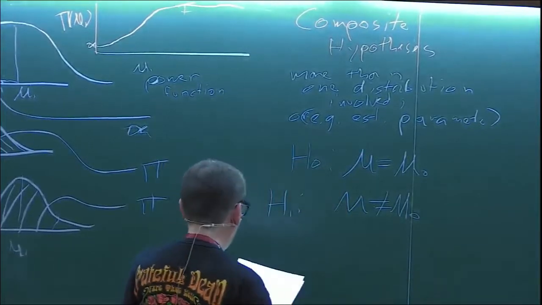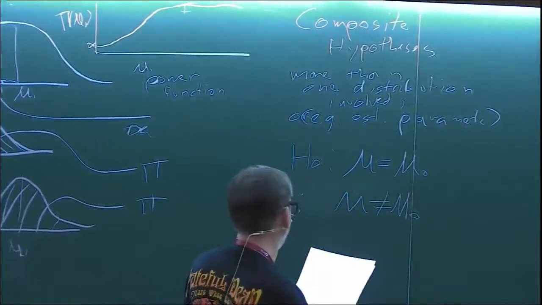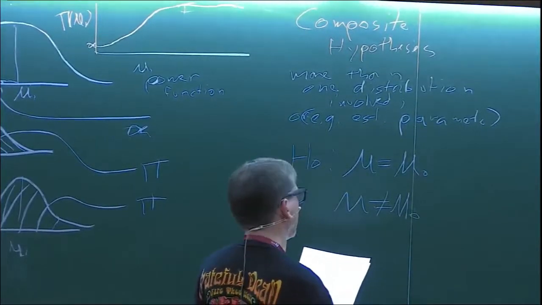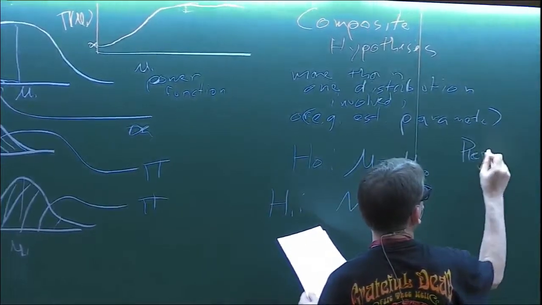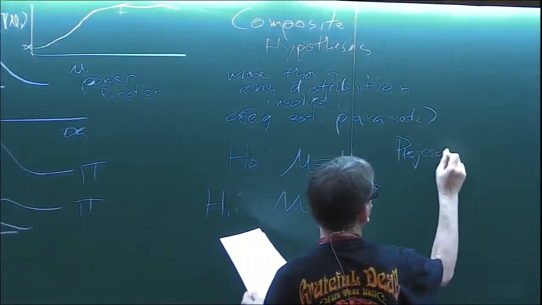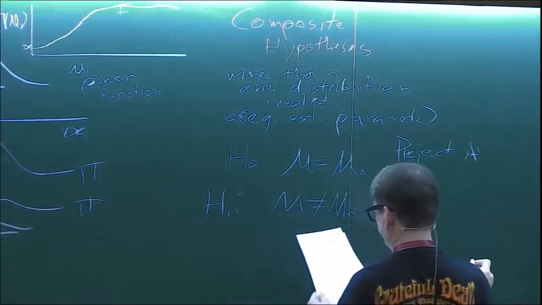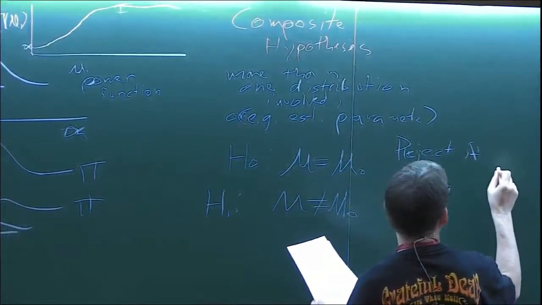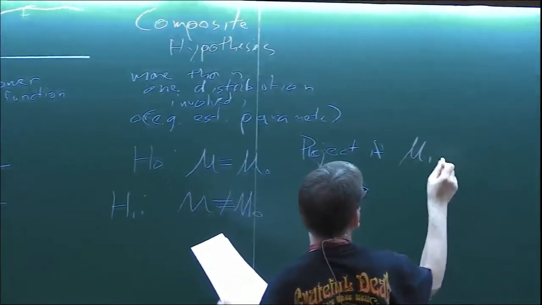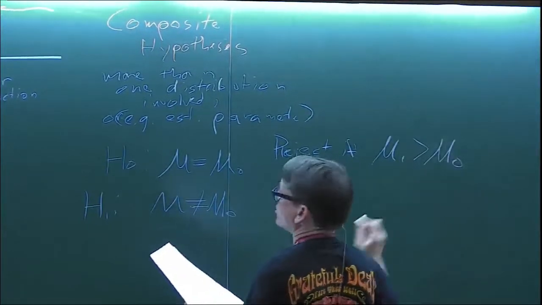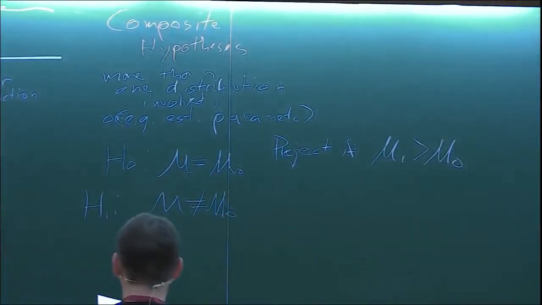And so this immediately gives you a problem, because you could reject if mu1 is greater than mu0. That's the case I was considering over here.